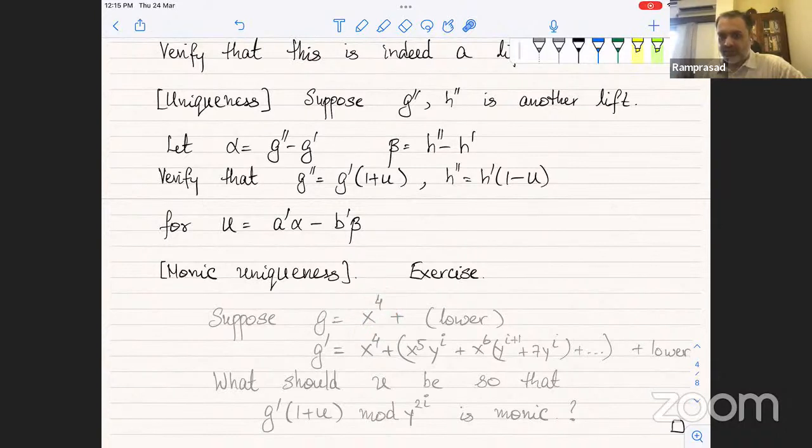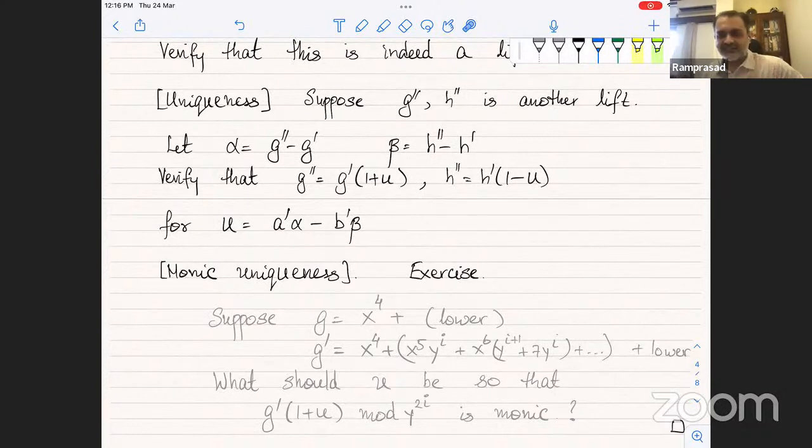But I lifted it and now I end up with some stupid G prime that suddenly has higher degree terms in x, but they all come accompanied with some large power of y. So if this was the situation, what do you need to multiply to G prime so that it becomes a monic polynomial? I want to cancel off this entire thing. Just think about it. There is a particular choice of u that will show up for you, and somehow that actually happens to be unique.